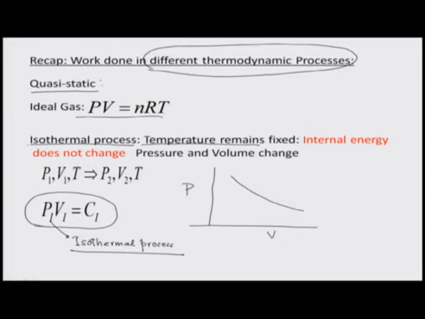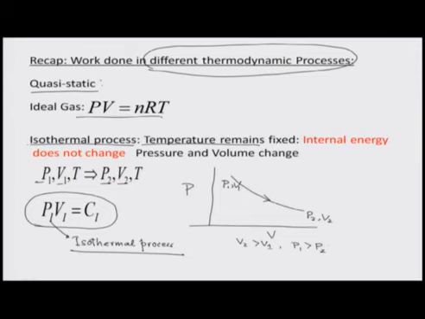So, in an isothermal process, I am going from P1 V1 T to P2 V2 T. Obviously, here you can see that V2 is greater than V1, which immediately implies that P1 is greater than P2.